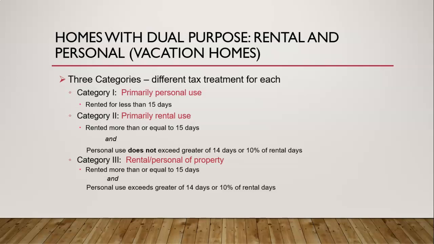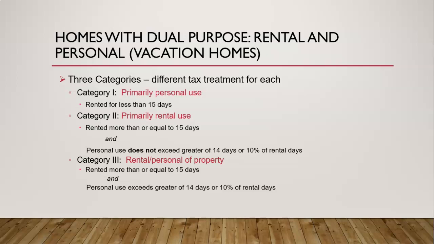All right, if you have a house with a dual purpose, meaning part of it is rented out and sometimes it's used personally, they use the words vacation homes for this. There are 3 categories, and there's a different tax treatment for each category. Category 1 is primarily personal use. This is your home. You live in it, but you rent it out for less than 15 days during the year.